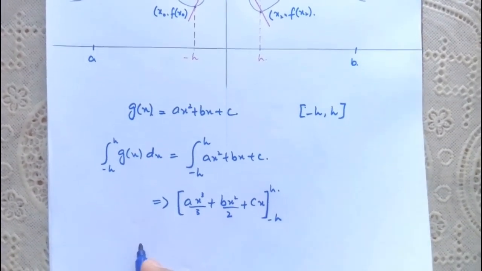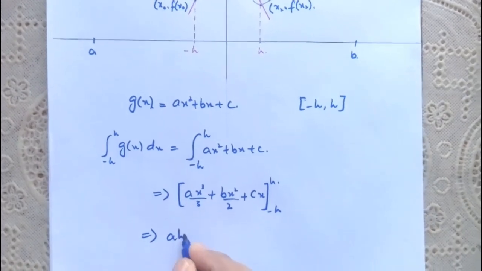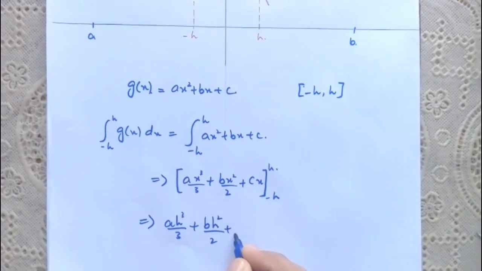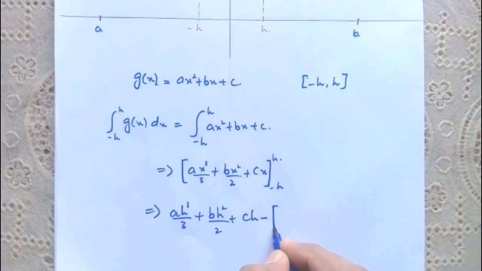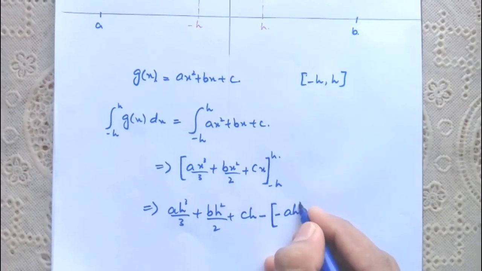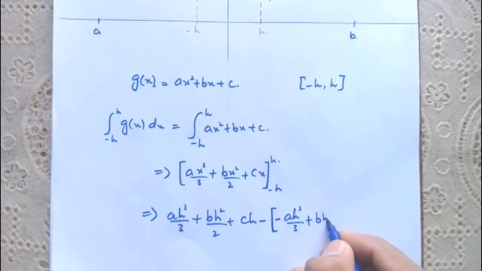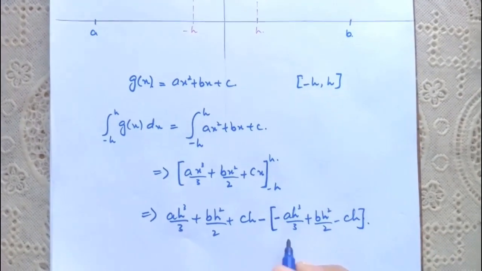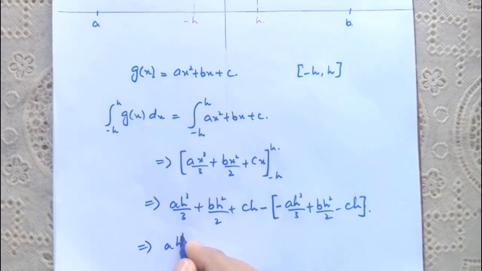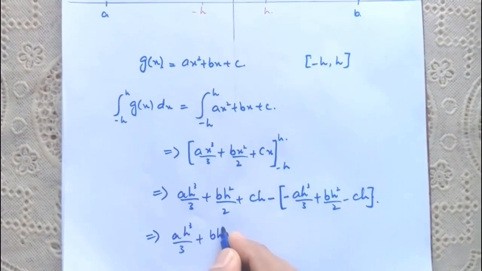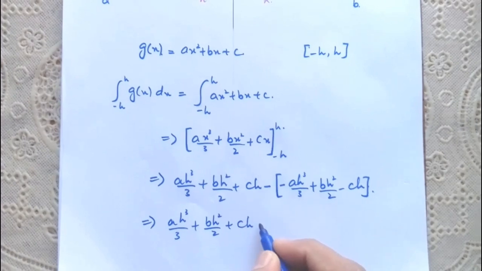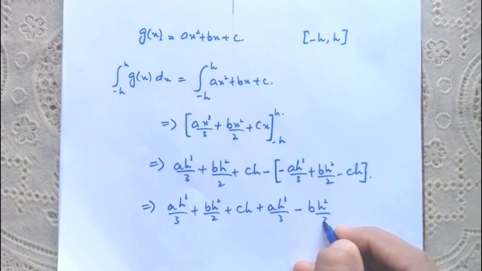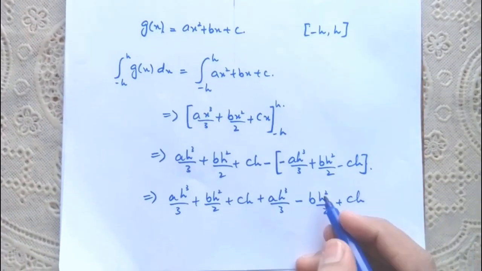Now applying limits, we have ah cube upon 3 plus bh square upon 2 plus ch, minus ah cube upon 3 plus bh square upon 2 minus ch, and ah cube upon 3 plus bh square upon 2 plus ch plus ah cube upon 3 minus bh square upon 2 plus ch.